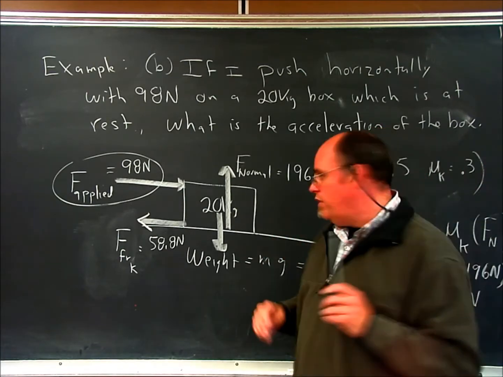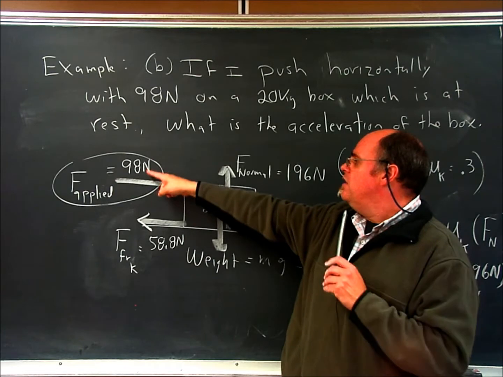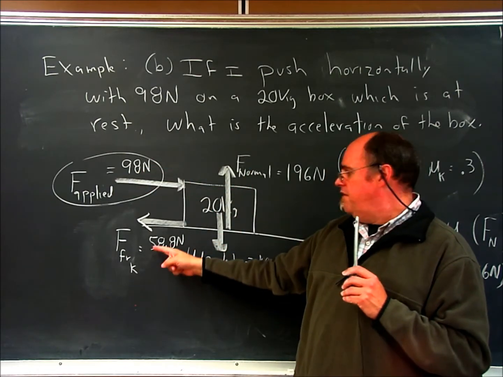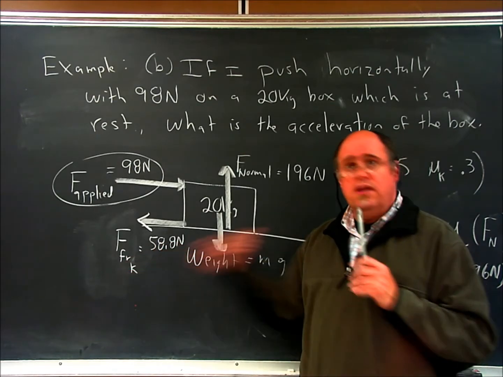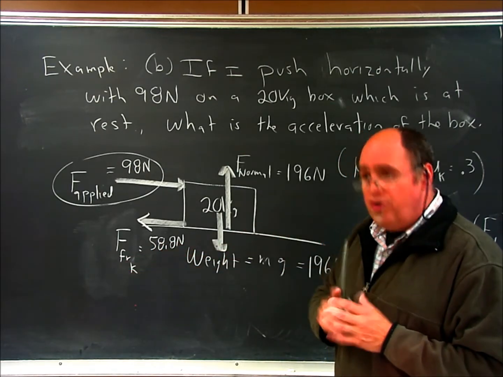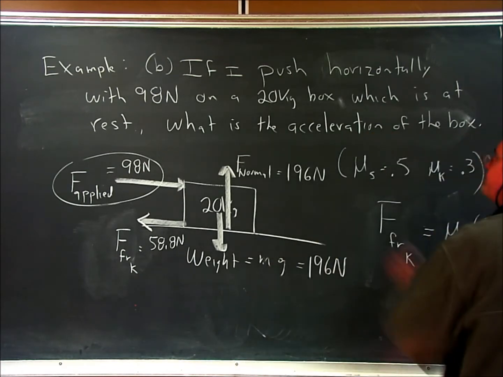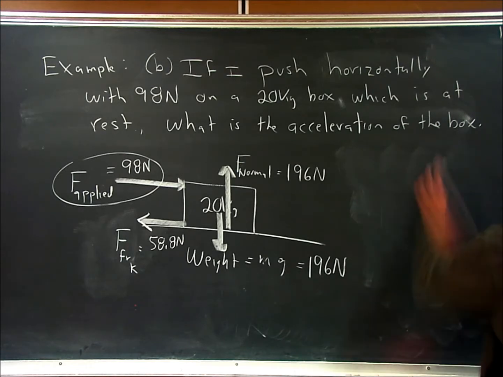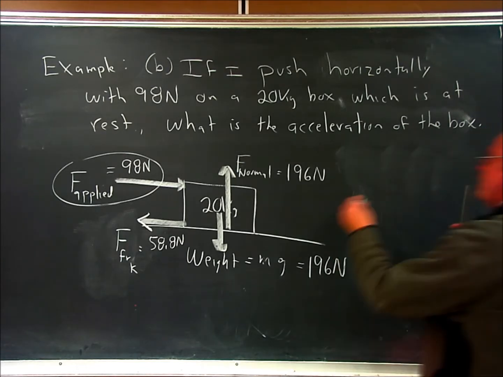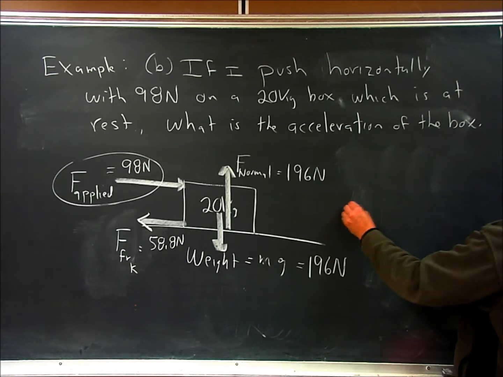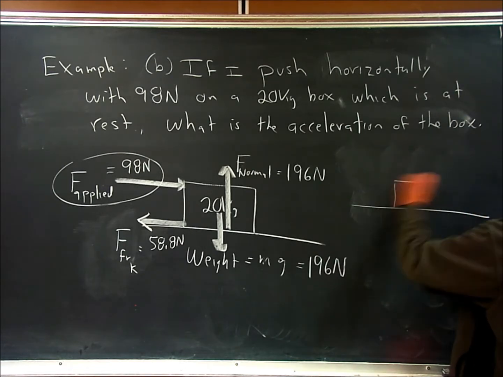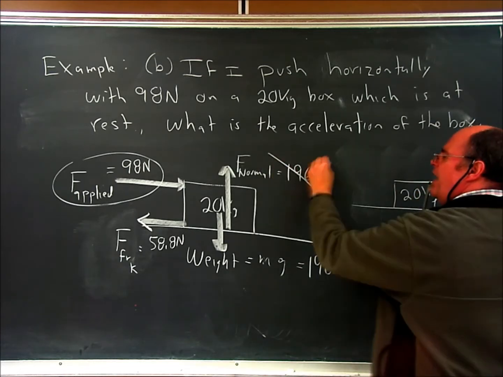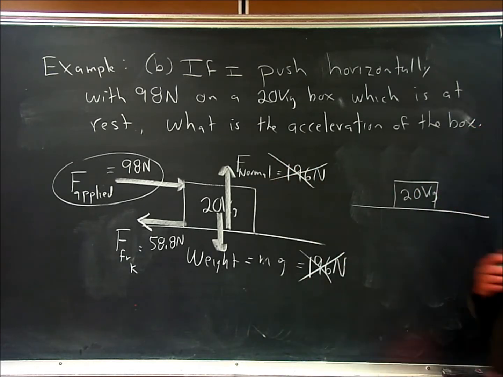I get 39.2. So if you added these up using vectors, 98 newtons going to the right, plus a negative 58.8 newtons going to the left, you would end up with 39.2 newtons. So I can try to draw it over here with another free body diagram. Here is my 20 kilogram box. The force going up of 196 will cancel the force going down of 196.